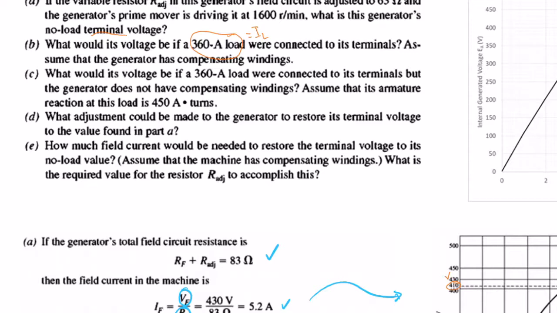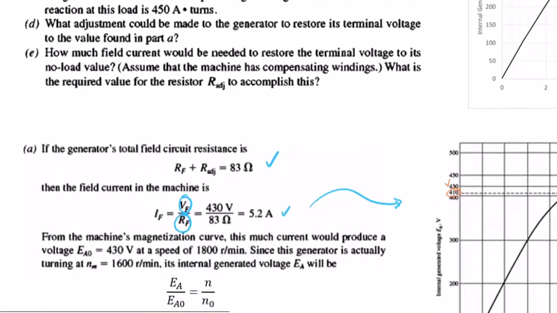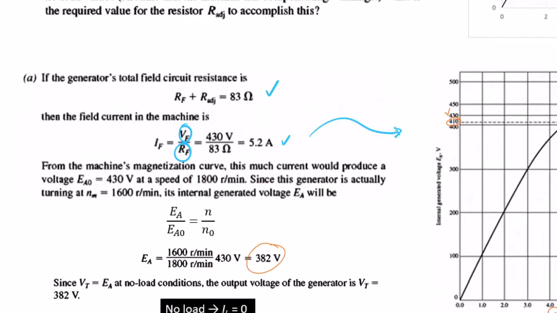In this case, the output voltage was lower. So what can we do so that the terminal voltage becomes equal to the original value that we found in question A? If you check, the value was 382 volt.